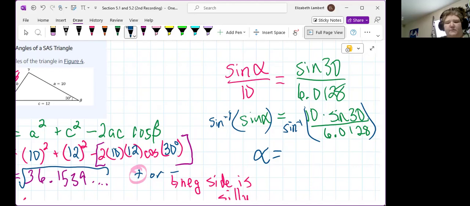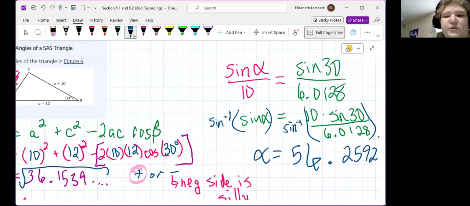Inverse sine of 10 times the sine of 30 divided by the 6.0128. All right, so alpha is 56.2592 degrees.